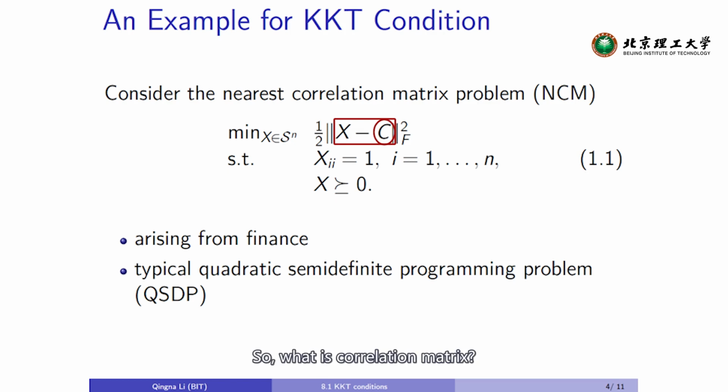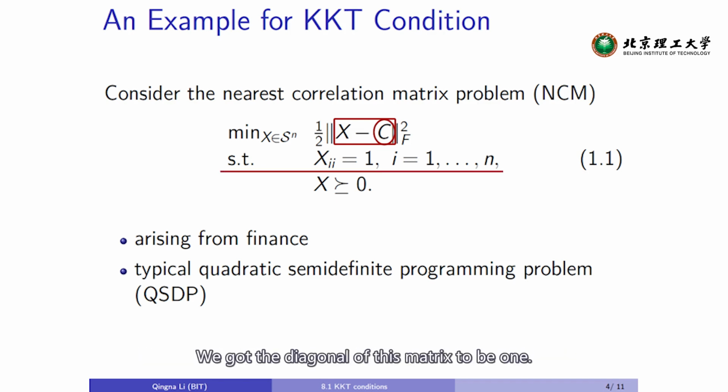So what is a correlation matrix? The characterization is as follows. The diagonal of this matrix is 1. Meanwhile, this matrix has to be positive semi-definite. This gives the correlation matrix. And the nearness is measured by the Frobenius norm here.